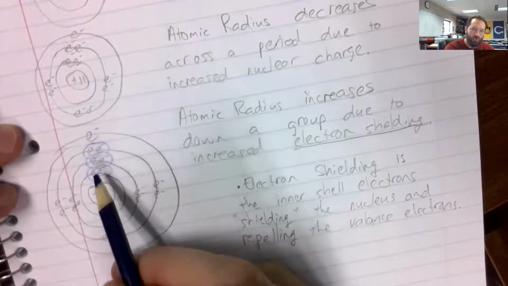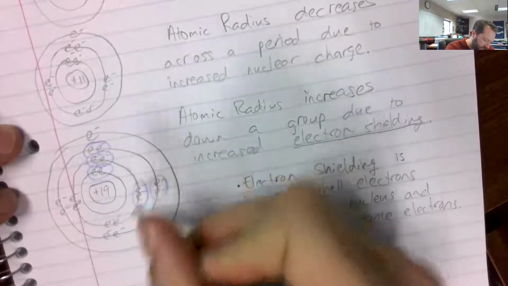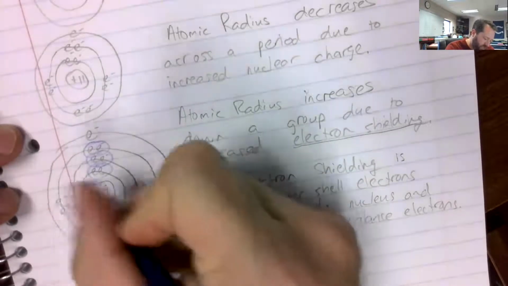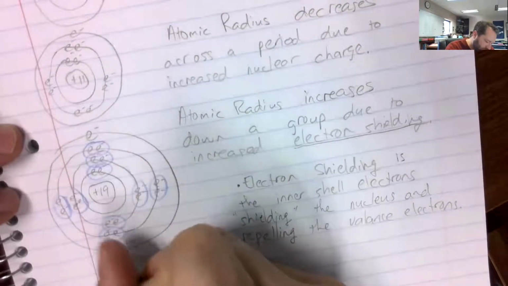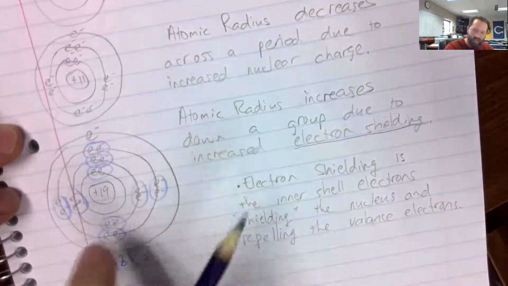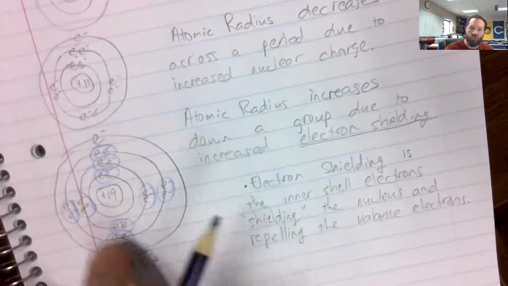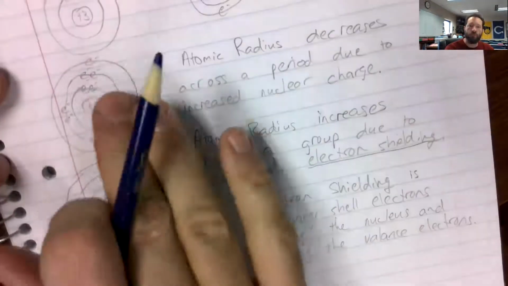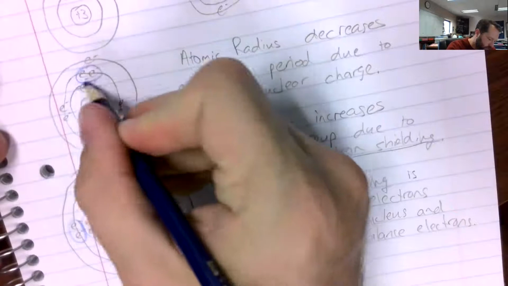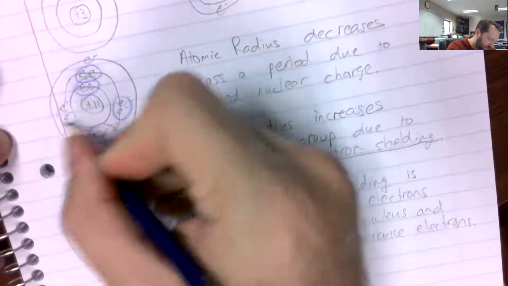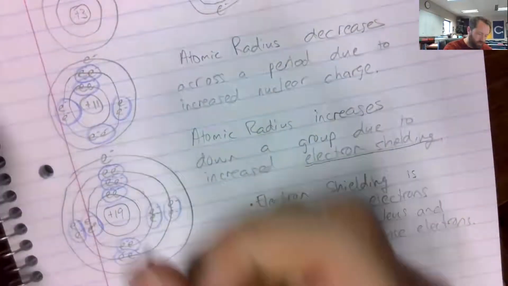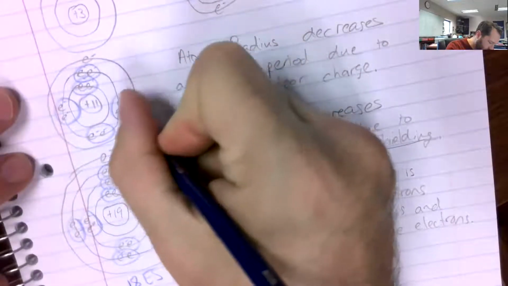So 2, 4, 6, 8, 10, 12, 14, 16, 18 electron shielding. 18 electrons are shielding the nucleus here. Versus when we move up a level, we only got 2, 4, 6, 8, 10. Remember, it's the inner shell electrons that are doing the shielding.